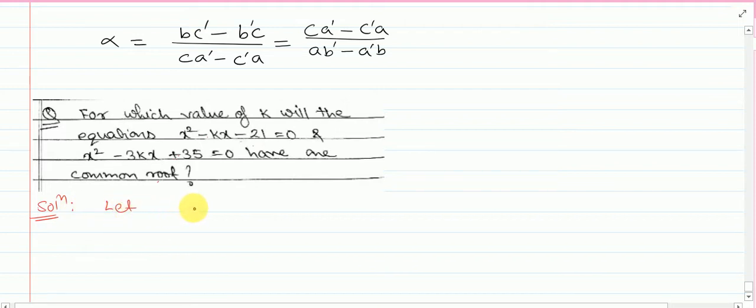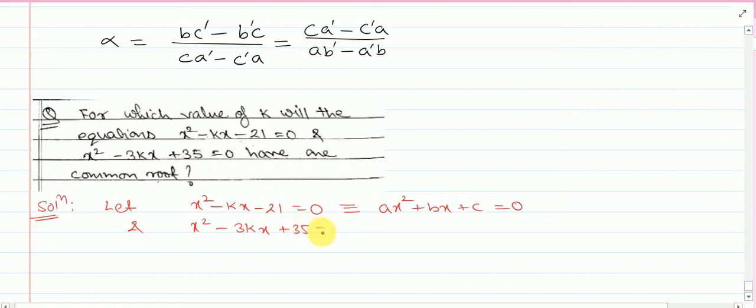Let x square minus kx minus 21 equal to 0 be equivalent to ax square plus bx plus c equal to 0, and the second one, x square minus 3kx plus 35 equal to 0, be equivalent to a'x square plus b'x plus c' equal to 0.